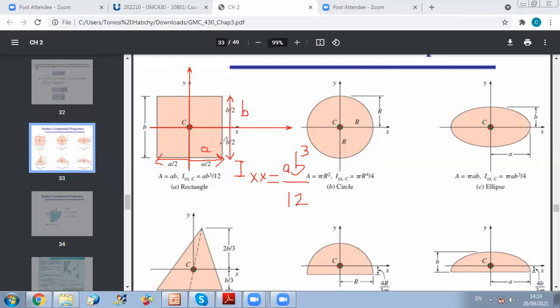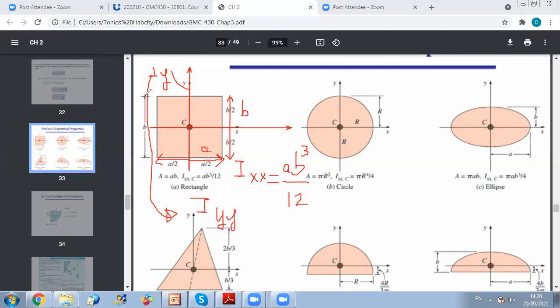And now you can deduce, similarly, if you want to find Iyy, so the second moment of inertia about the y-axis, it will be given by Iy equals what? Who can tell me?